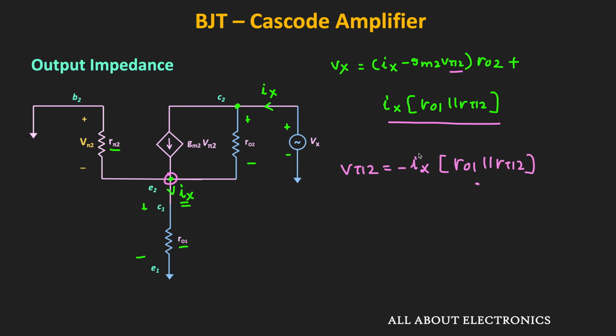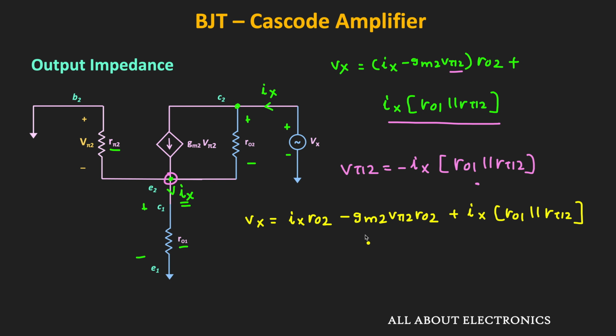Now in the above expression, let us put the value of this Vpi2. So now we can write it as Vx is equal to Ix times R02 minus Gm2 times Vpi2 times R02. And further, we will also have Ix times R01 in parallel with Rpi2.